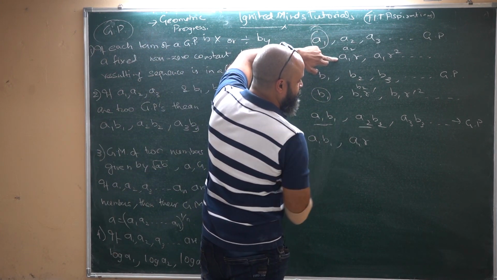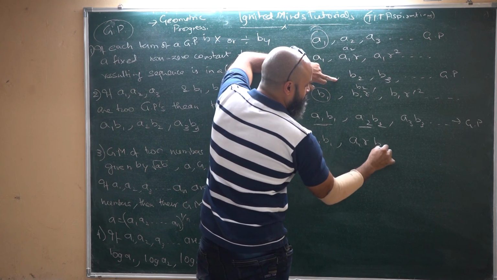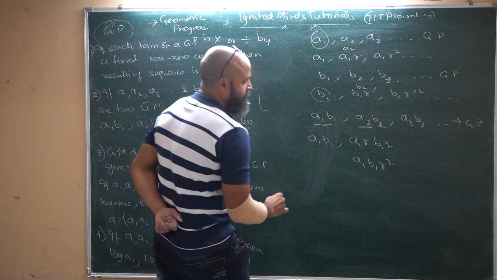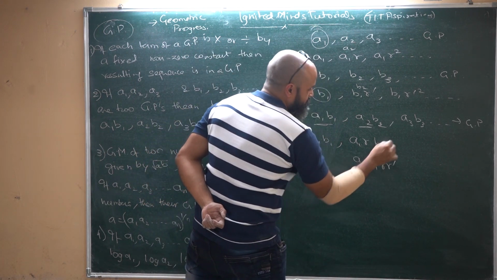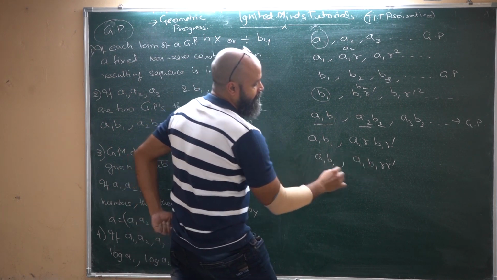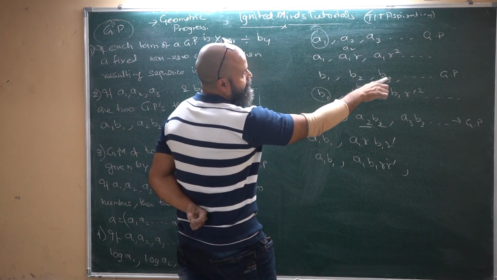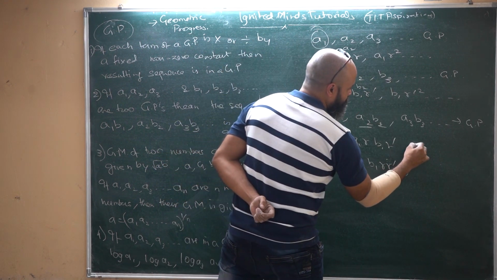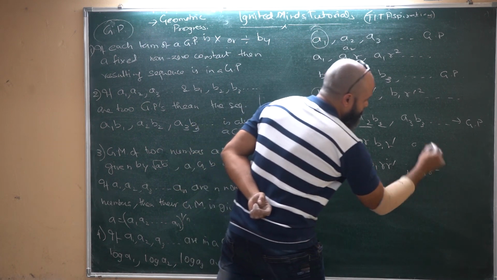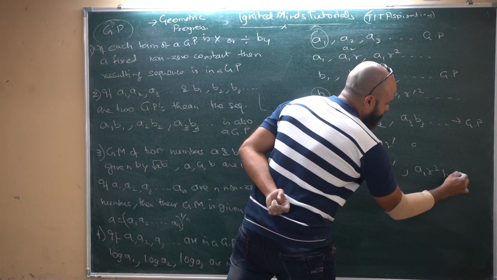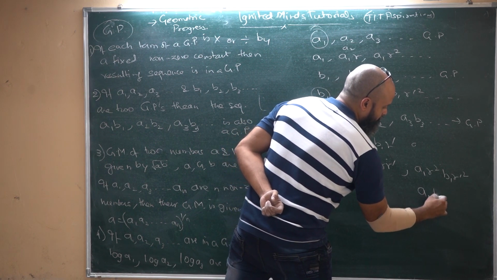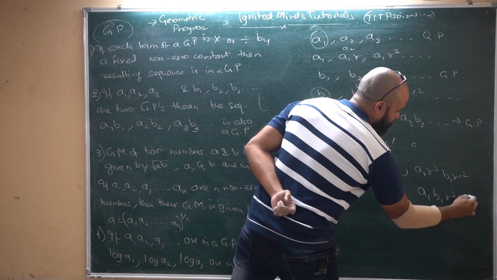A1R in place of A2, and in place of B2 we have B1R dash. So this is going to give you A1B1, R, R dash, I'm sorry, A1B1RR dash. Then we have A3 and B3. In place of A3 we can write A1R square, and in place of B3 we can write B1R dash square. So this is going to give you A1B1, R square, R dash square.